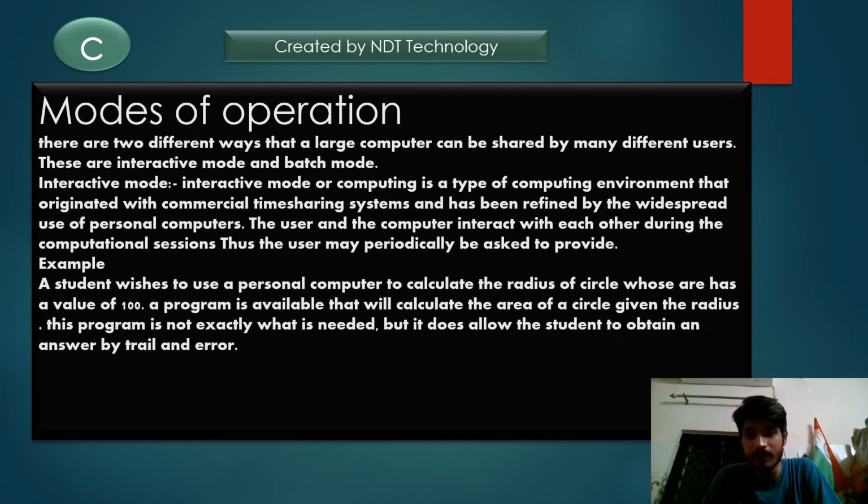A program is already available that will calculate the area of a circle. Here I'm not going to teach you what a program is or how to write a program to calculate the area of a circle. I'm just showing you the result and the answering machine. Given the radius, this program is not exactly what is needed, but it does allow the student to obtain an answer by trial and error.